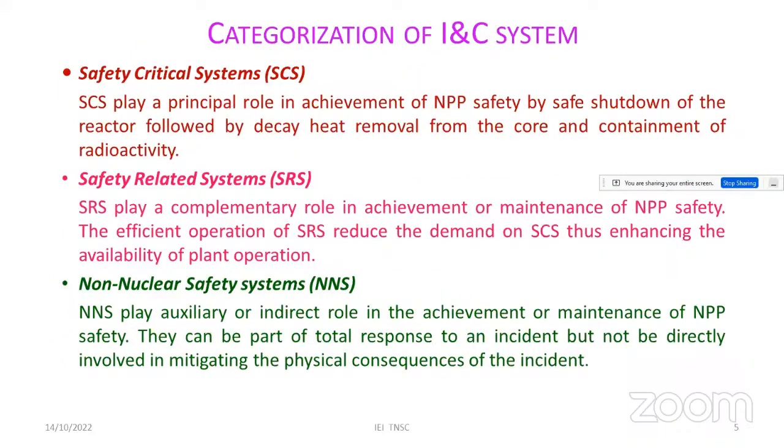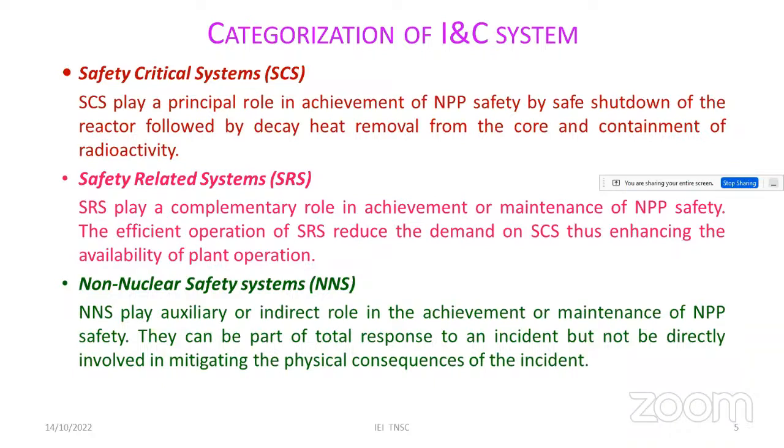INC systems are categorized into safety critical, safety related and non-nuclear safety systems as per the dependability and importance of the system. Safety critical system plays a principal role in achievement of nuclear power plant safety by safe shutdown of the reactor followed by decay heat removal from the core and containment of the radioactivity. Safety related systems play a complementary role in achievement or maintenance of the nuclear power plant safety.